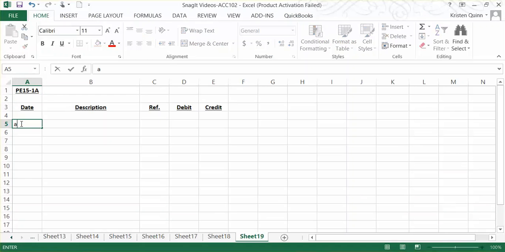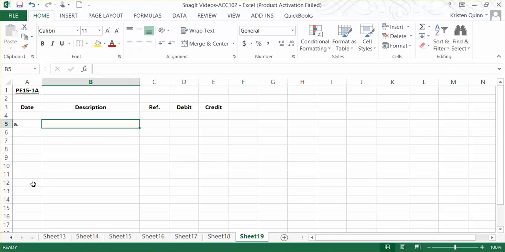So, for Part A, again, they tell us that we're purchasing for cash Tyler City bonds at 100. That tells us that we're buying it at 100% of the face value. So we journalize our investment in Tyler City bonds.